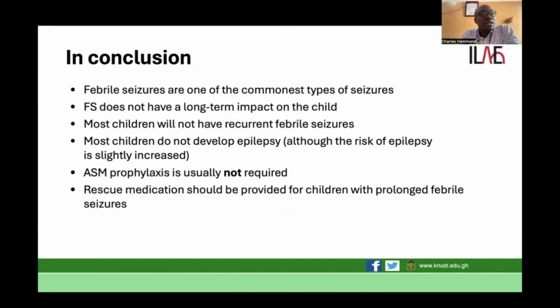So in conclusion, febrile seizures are one of the commonest types of seizures in children. They usually do not have a long-term impact on the child's development. Most children will not have recurrent febrile seizures. Most children will have only one febrile seizure in their life.